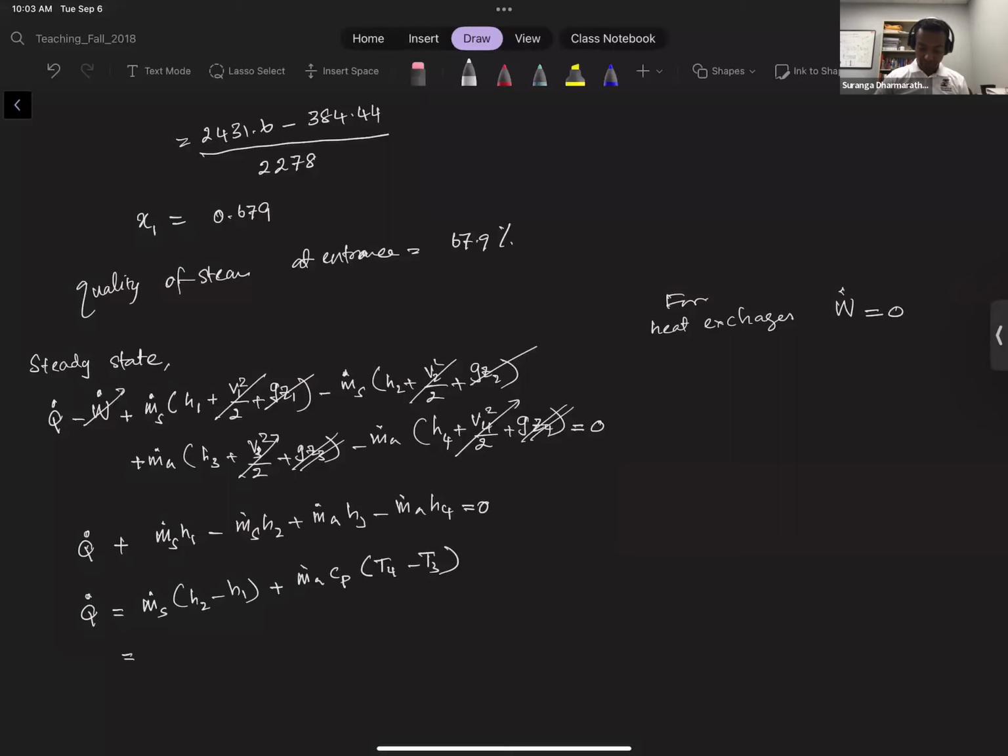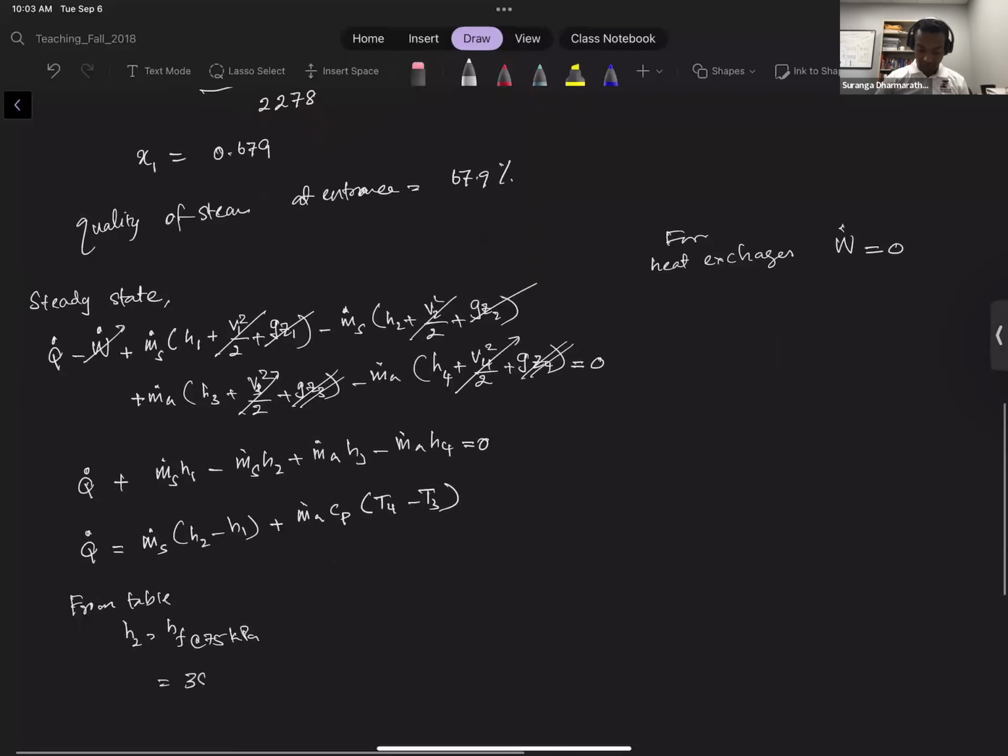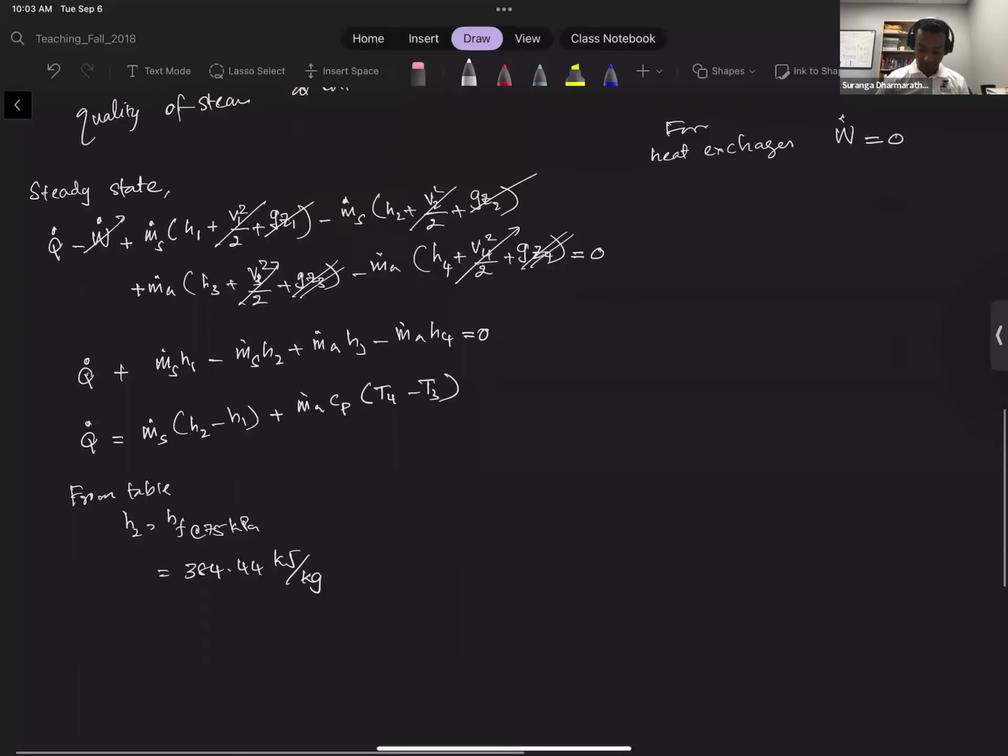For h2 from the table, h2 is hf at 75 kPa because it's a saturated liquid, so it's 384.44 kilojoules per kilogram. You already had that value.